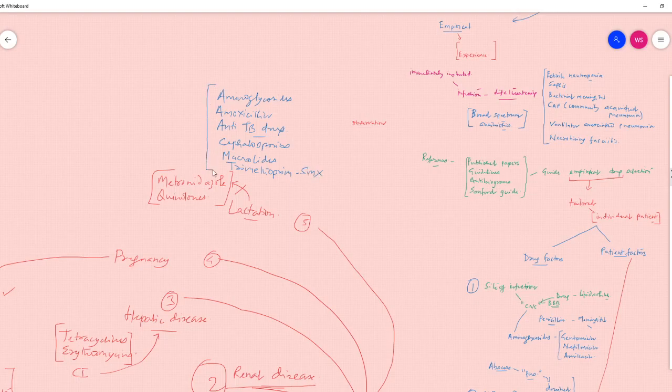So these drugs are relatively safe in a lactating mother.